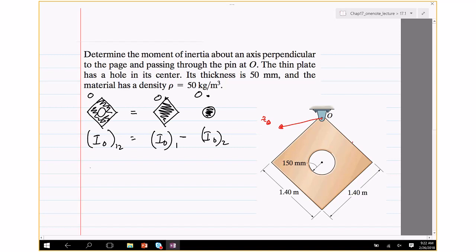Okay, so let's try to find IO1 from the table. The first one is a square plate. The table doesn't have a square plate, it has a thin plate, which is really a rectangle. So let's find where that is in the table.